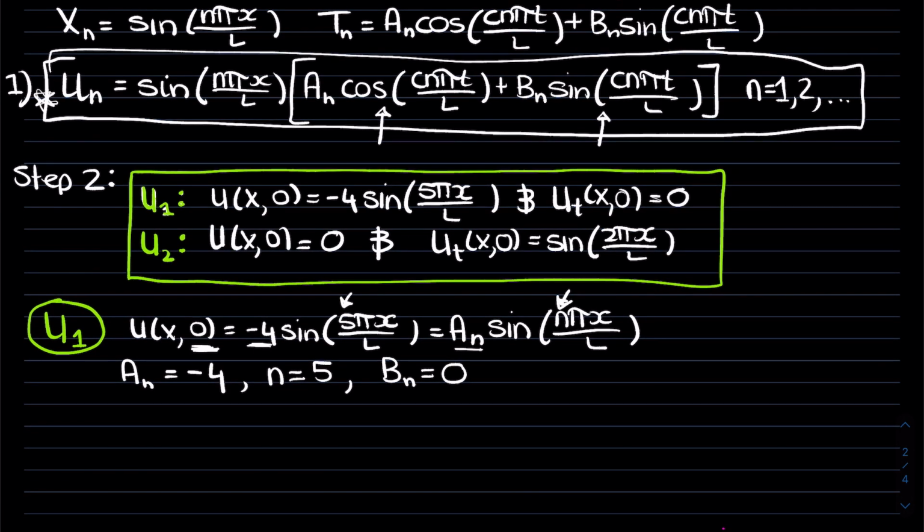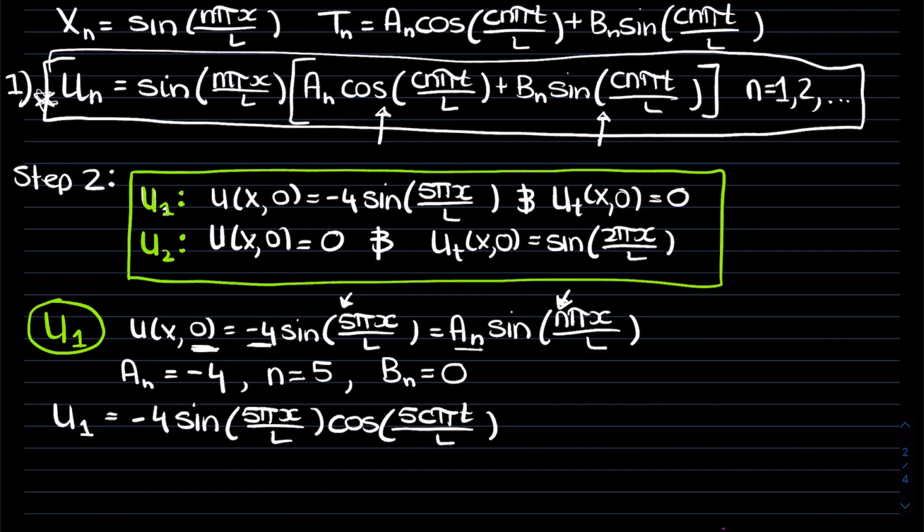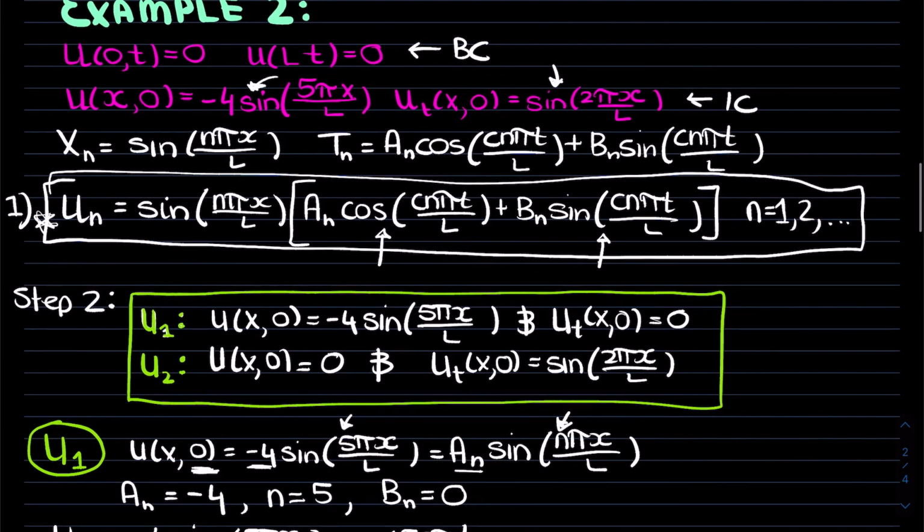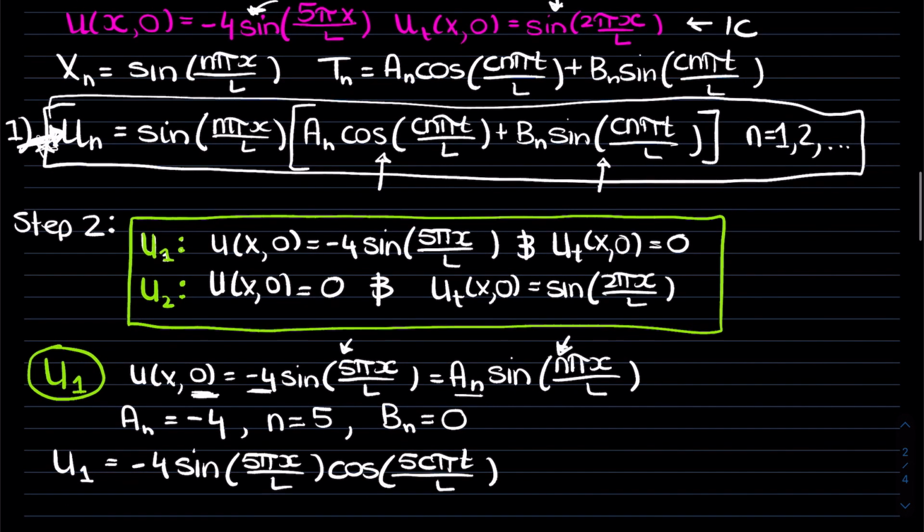So we can write the solution as u1 equals minus 4 sine 5 pi x over L times cosine 5c pi t over L. And you can see that we get this from this u of n up here. So essentially we're just plugging a of n, n, and b of n into our u of n up here, and that's what we get.